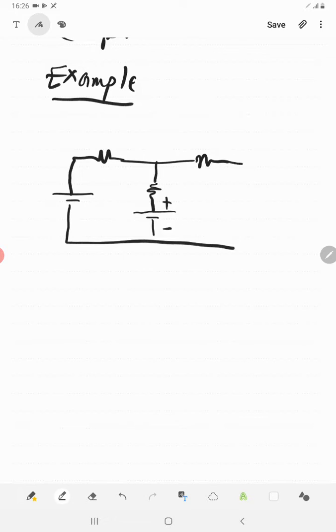Let's give them values. Let's say this is plus minus E1 and this is E2. And let's say this is 30 ohms, this is 60 ohms, and here we have 70 ohms.